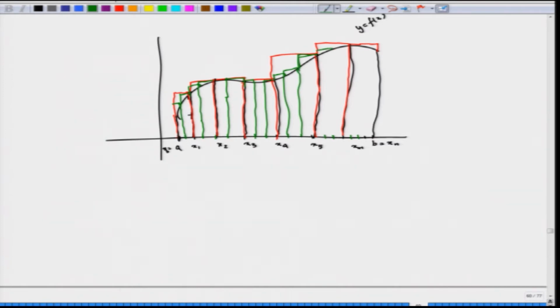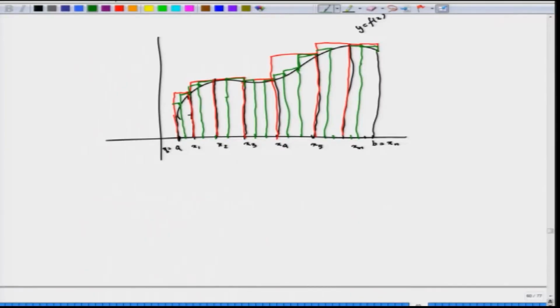As you can see, if we take the sum of all these green shaded rectangles, the total sum is going to be less than the total sum of the areas of the rectangles we calculated in the orange rectangles. However, the sum of the areas of the green rectangles will still be more than the area of the region we are interested in.